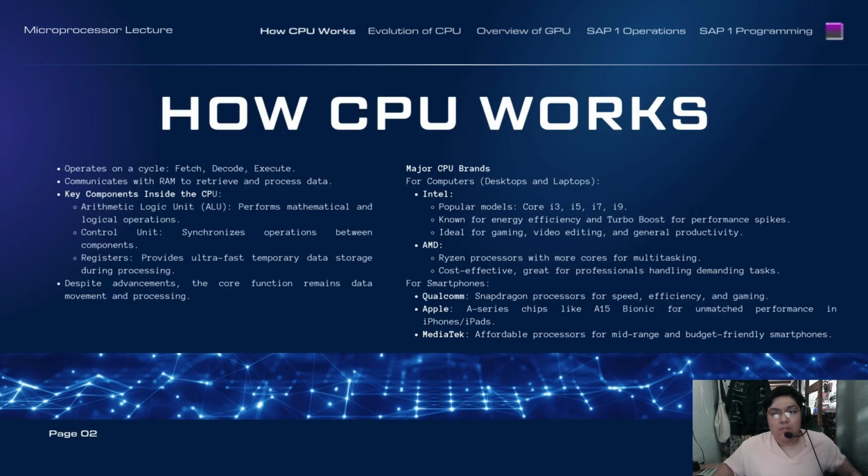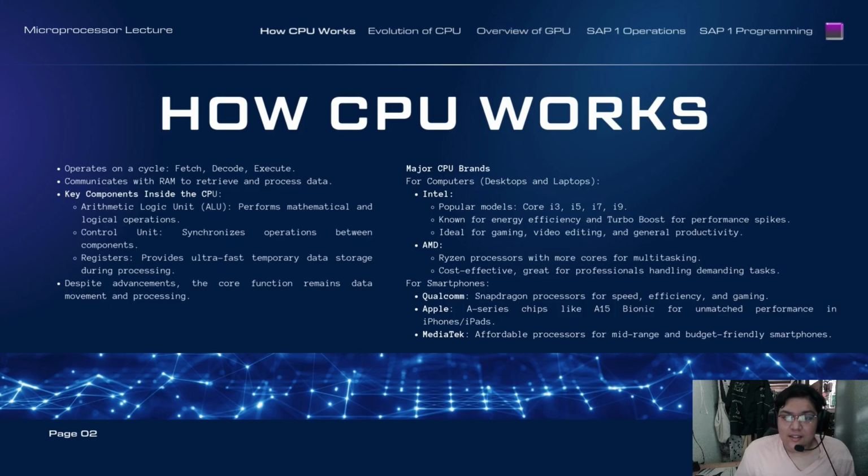Now that we understand how CPUs work, let's examine the leading brands. So this is the most common in both computers and smartphones. In desktop and laptop markets, the most famous ones are Intel and AMD. Intel's Core processors such as i3, i5, i7, and i9 are widely recognized for their energy efficiency. They are ideal for gaming, video editing, and general productivity.